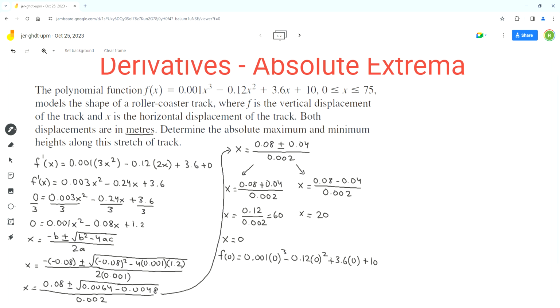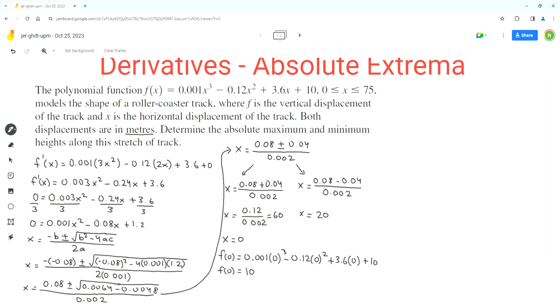So the first three terms get cancelled out because of multiplication by 0. So we are left with just 10. So at x equals 0, the vertical displacement is 10 meters.